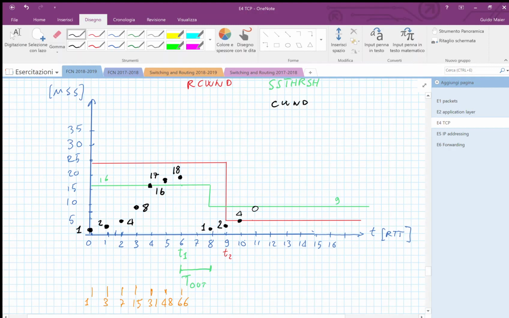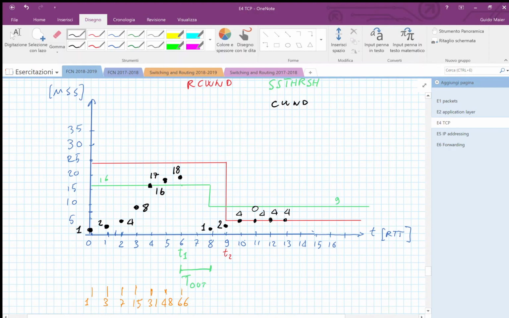So we are constrained to send 4 packets, 4 segments. And here we have transmitted 4, 8, 10, 11. We go on again with 4, and we get to 15. So we have transmitted 16 plus 3, 8, 19.